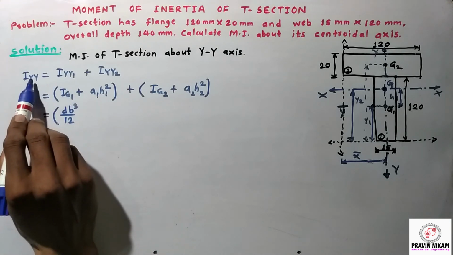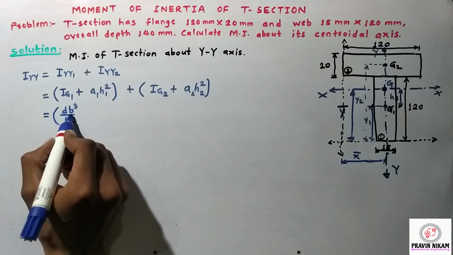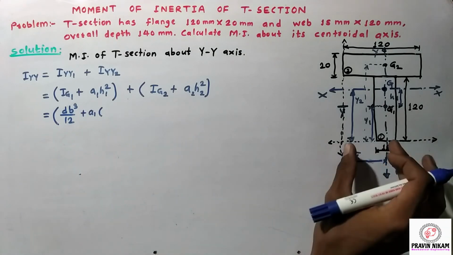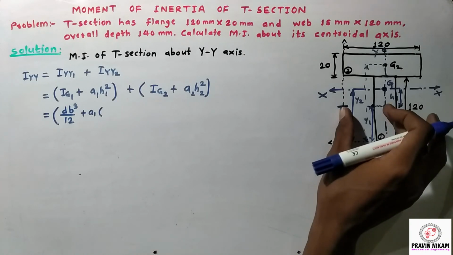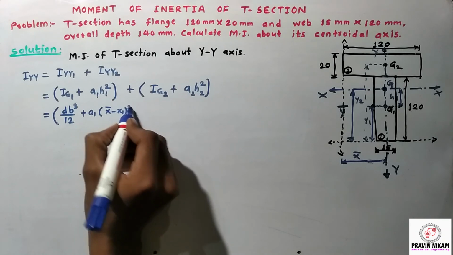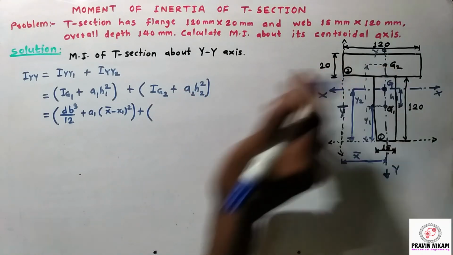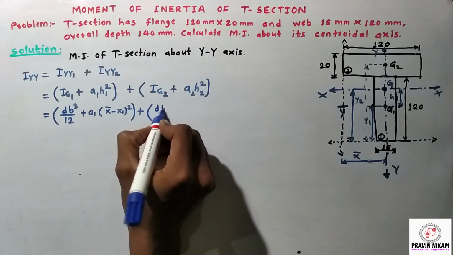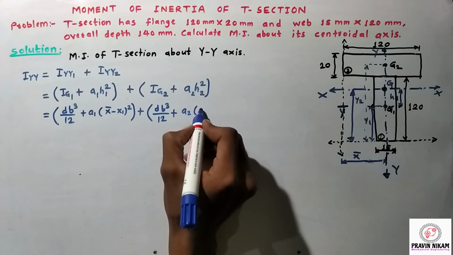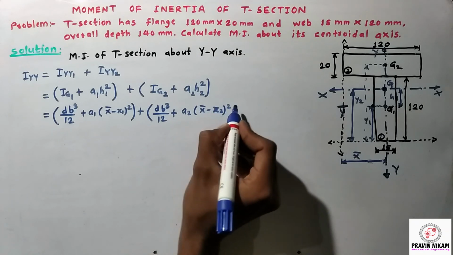Remember this, for Iyy use Iyy of rectangular section, that is dB cube by 12 plus A1 H1, H1 is nothing but x bar minus x1, bracket square, plus for section 2 Ig2 is dB cube divided by 12 plus A2 H2, H2 is x bar minus x2, bracket square.